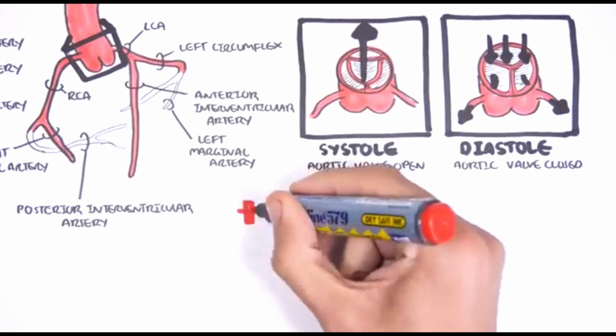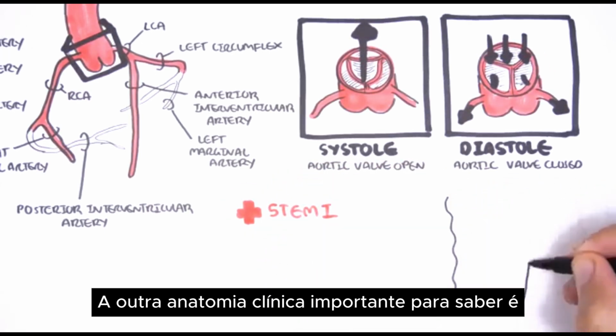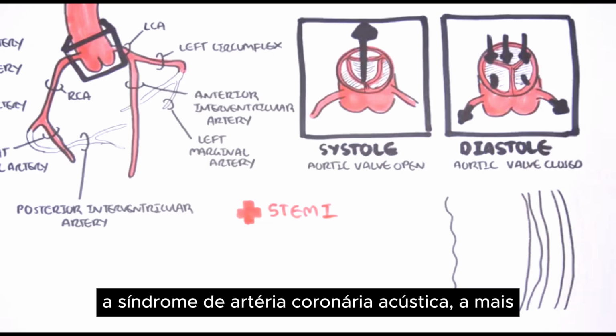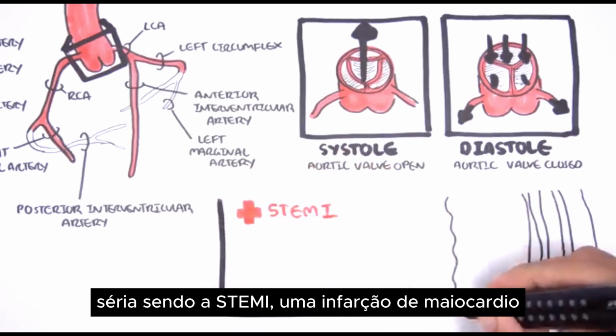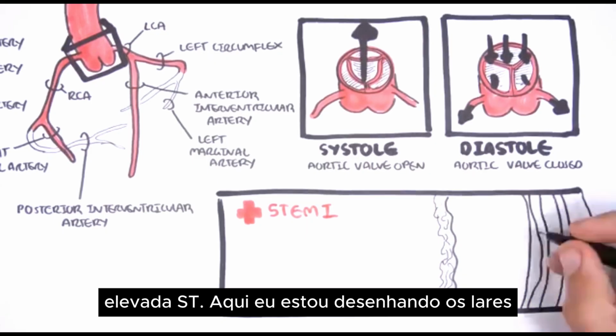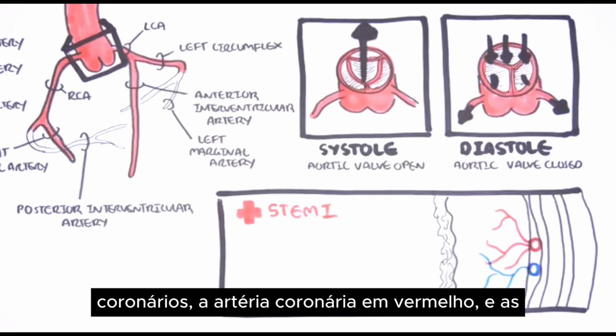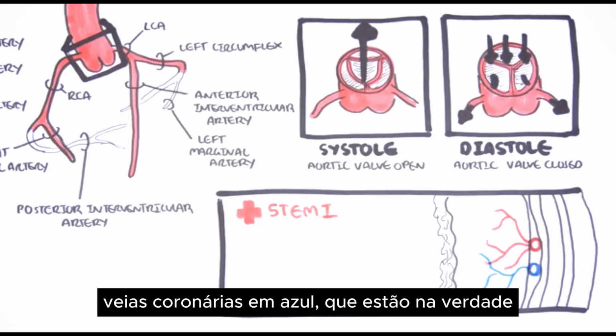The other important clinical anatomy to know is acute coronary syndrome, the most serious being a STEMI, an ST elevated myocardial infarction. So here I'm drawing the layers of the heart. And here you have your coronary vessels, your coronary artery in red, and your coronary veins in blue, which is actually below the pericardium.